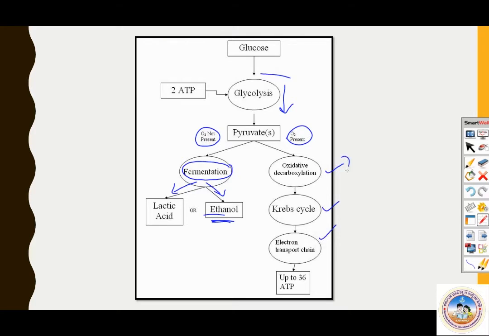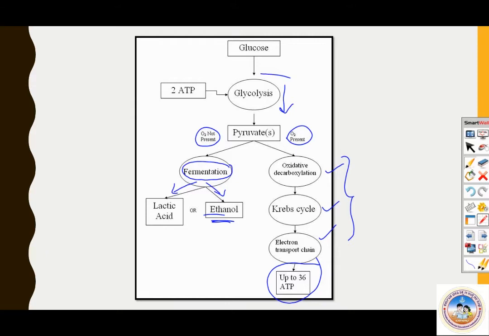When it goes through all three processes, there will be 36 to 38 ATP. I will tell you about this a little later. Usually it is 36, but sometimes it will be 38. Am I clear to you?